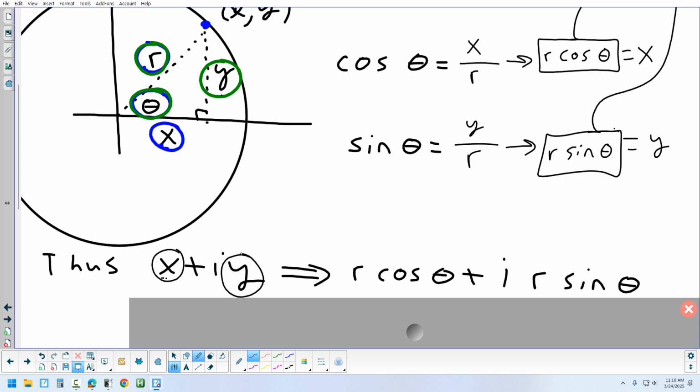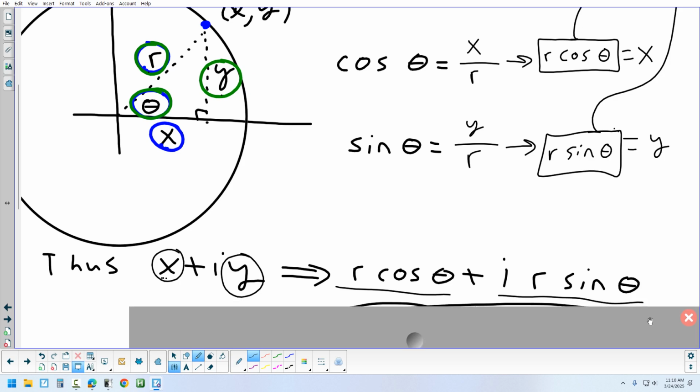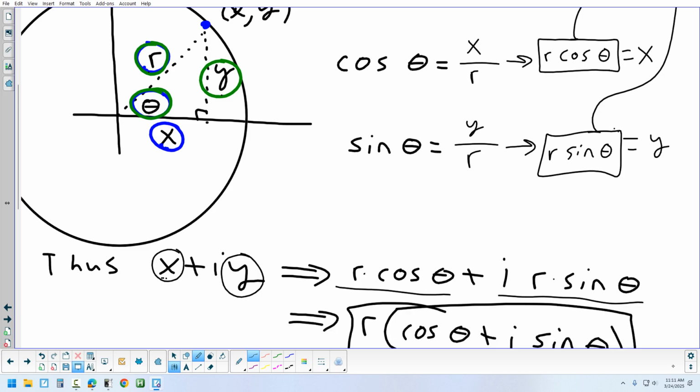Now, once we do that, we have two terms. That's a term, that's a term. What does each one of those terms have in common for a factor? R. Okay? Each one of them is multiplied by something that has at least an R in it. When two things have the same thing in common as a factor, you can factor it out.